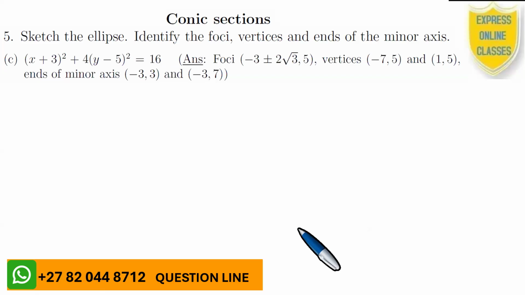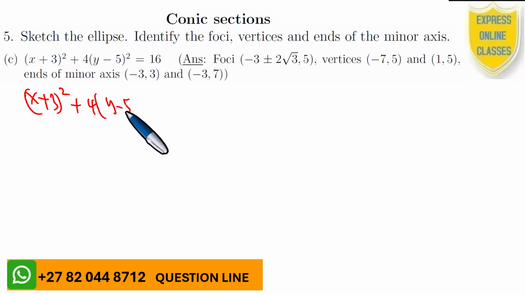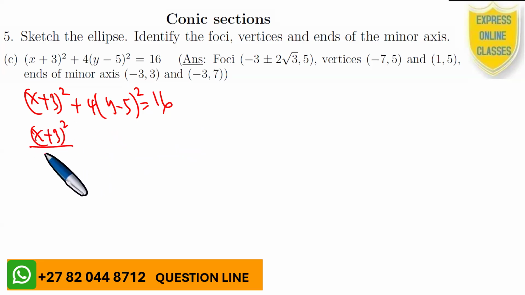Okay, so here comes the next question. Because this one is (x plus 3) squared over something plus (4y minus 5) squared equals 16, you need to, because the right side must always be 1, divide by 16 throughout so that it becomes 1.